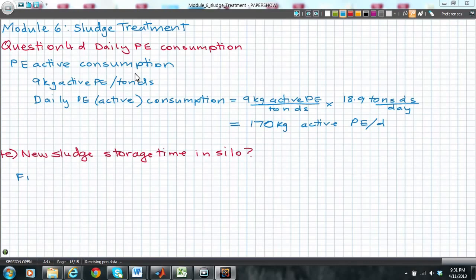So our final sludge production with the polyelectrolyte is 26% suspended solids.